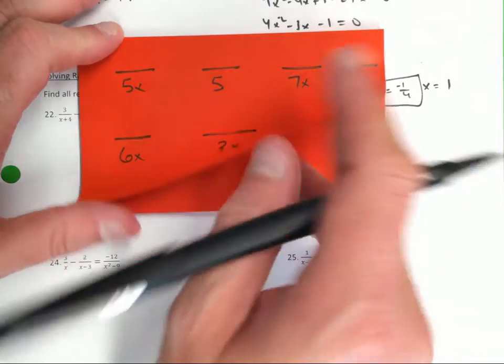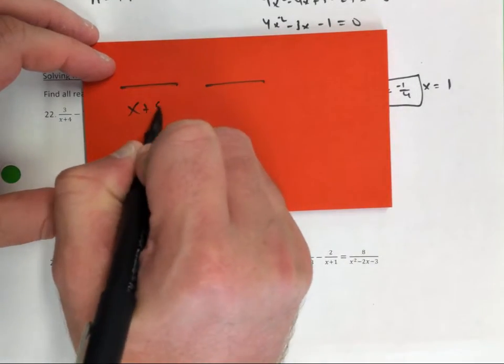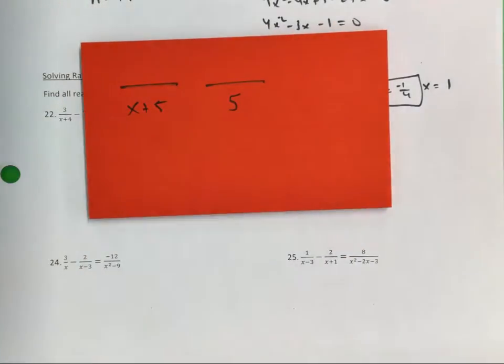21x. Okay. How about this right here? Can I multiply anything by that to get that? But then you have 5x plus 25, wouldn't you?